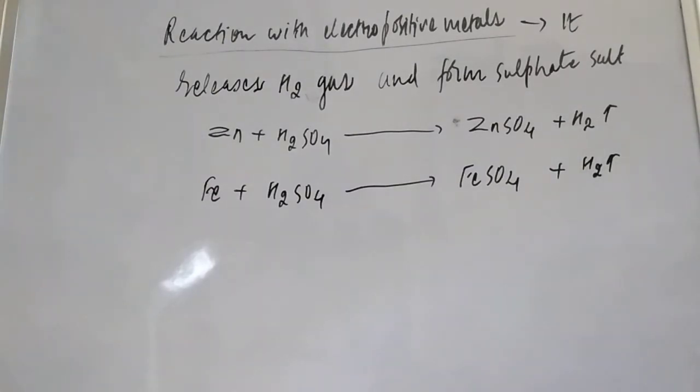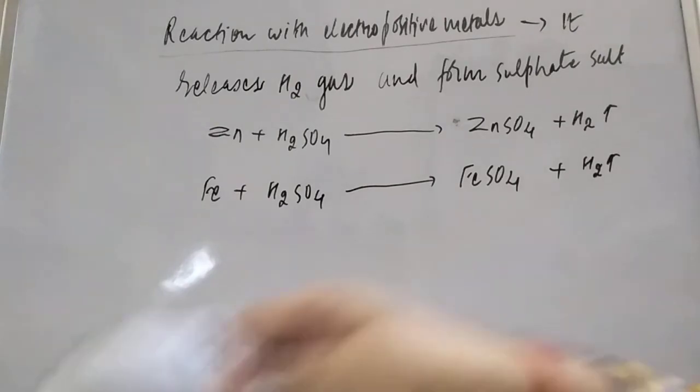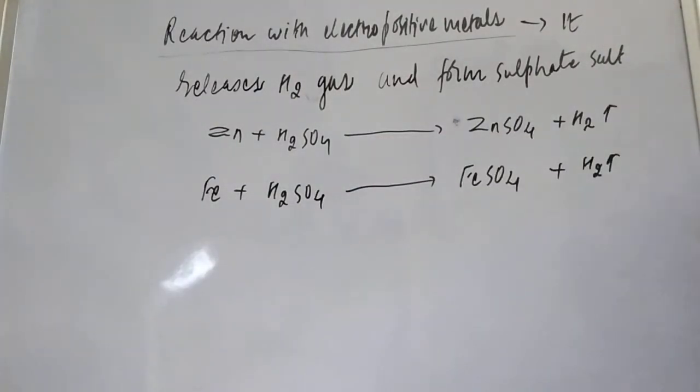So you may know, student, if you have an electropositive metal, it reacts with the acid, releases dihydrogen and also forms a salt, that is, a sulfate salt.